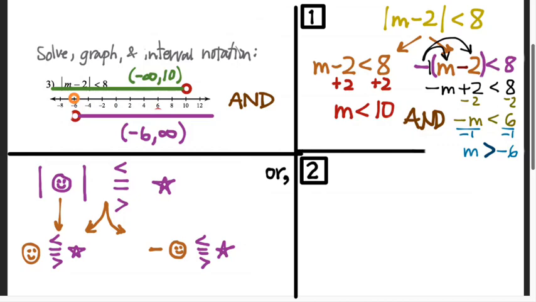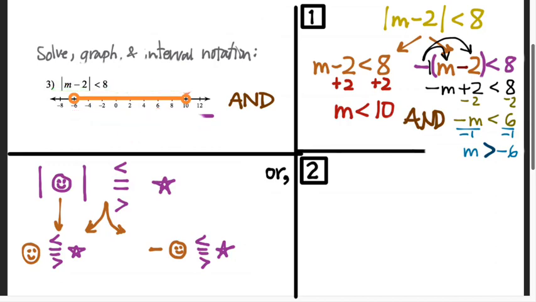So it goes as far to the left as -6, and for the same reason it goes as far to the right as 10. And we shade everything in between because that is where these two intervals overlap. So the graph for my answer is going to be this orange segment of the number line. That's where the green and the purple overlap with one another.